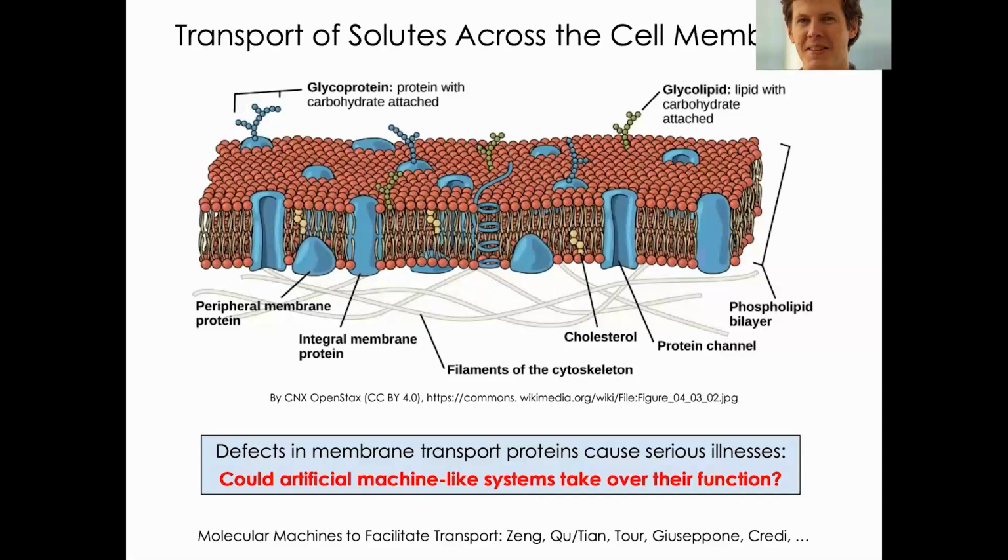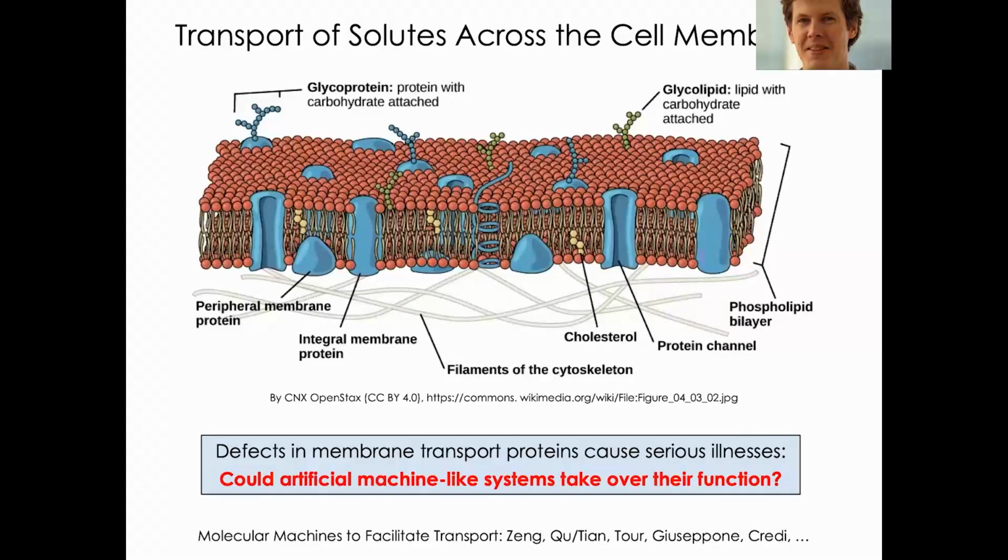Because of this important role, defects, in particular genetic defects in these membrane transport proteins, are related to very serious diseases. The question is whether we would be able to make fully artificial systems that can achieve similar functions as these proteins.